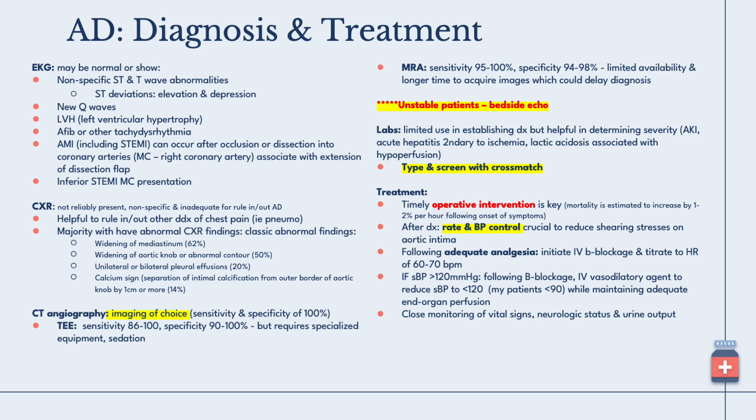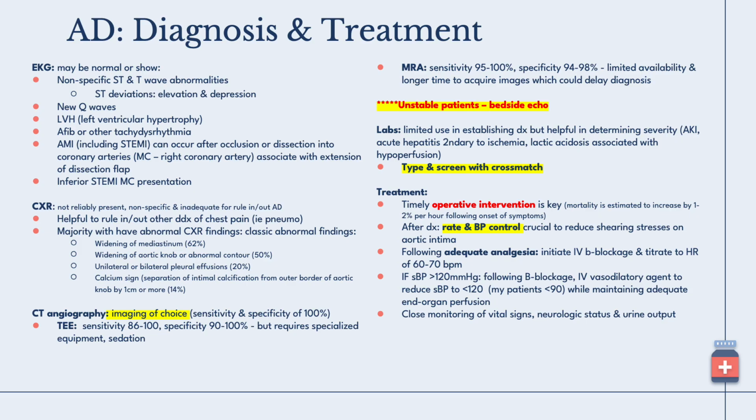We'll have the classic abnormal findings of a widened mediastinum, widening of the aortic knob or there could be an abnormal contour of the aortic knob. There could be pleural effusions present, or calcium signs. So that could be a separation of calcification of the aortic knob.